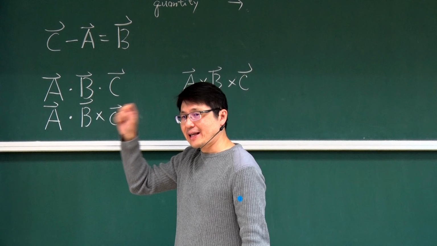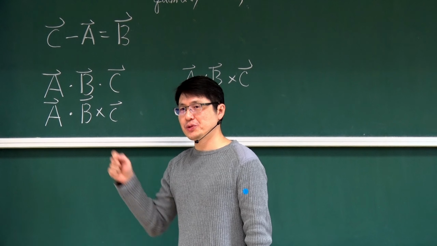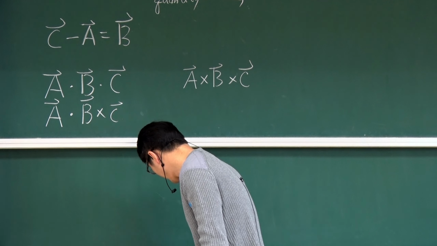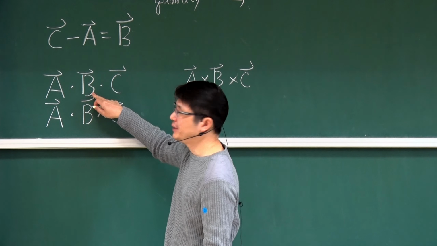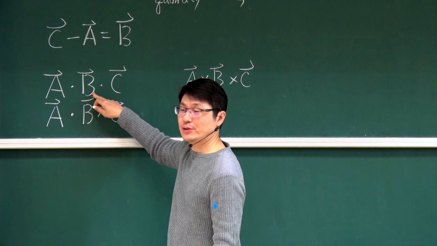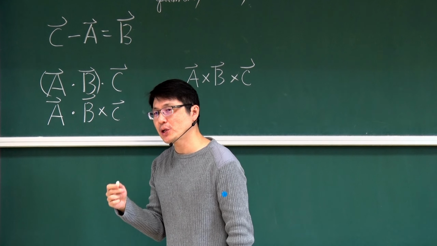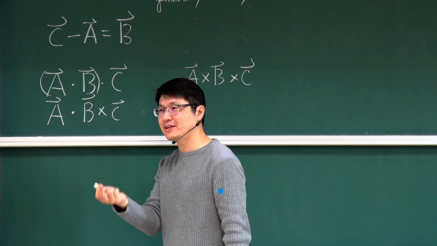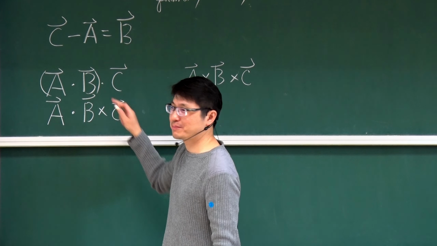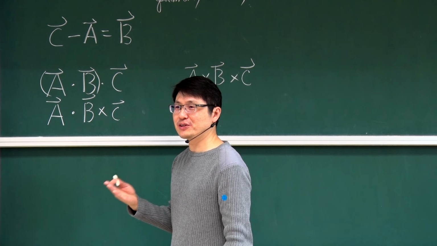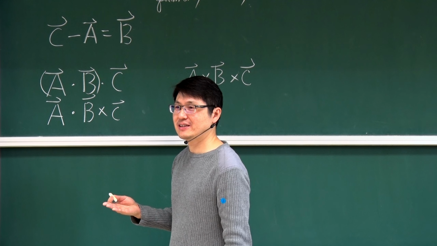This is really a test of your understanding up to now. A dot B results in a scalar or a vector? TA, what's the result of A dot B? Scalar or vector? Scalar. Very good.